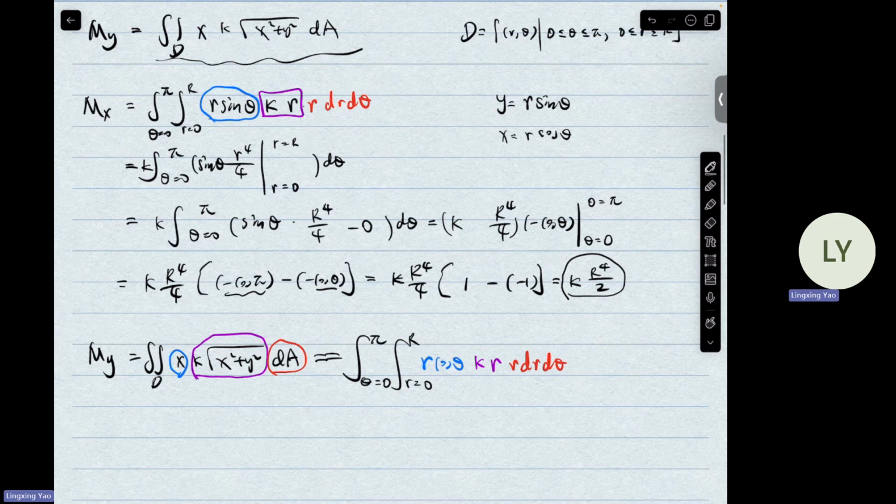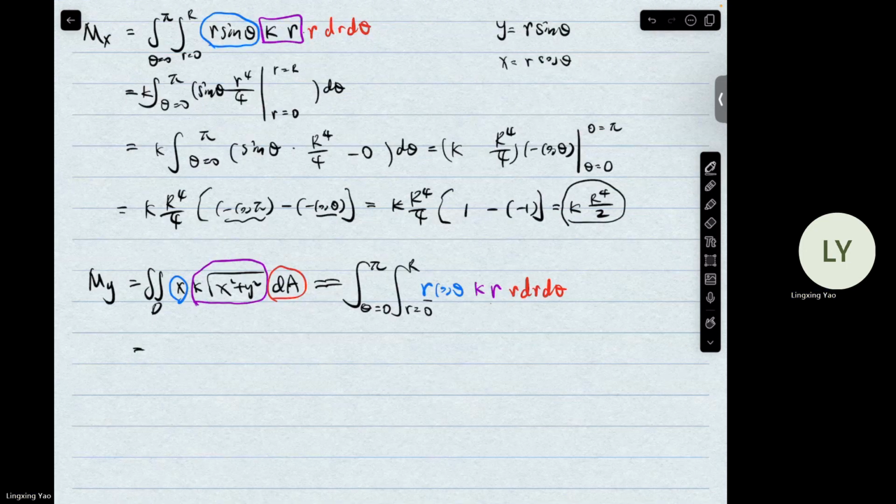So for r cubed, we can move this k out first. Okay, and then we find the antiderivative. Well, there's a cosine theta, we can write it out first.